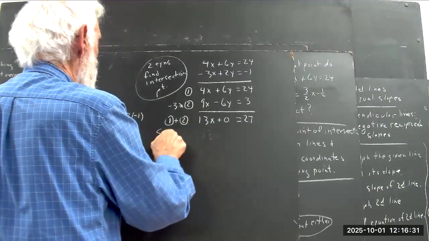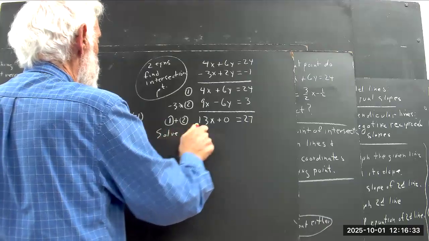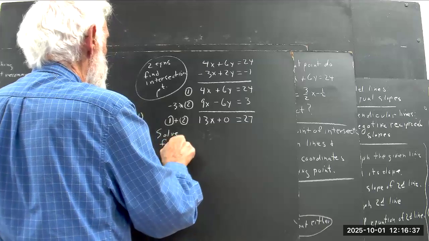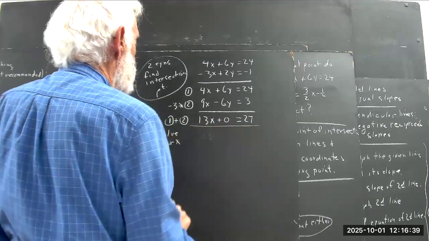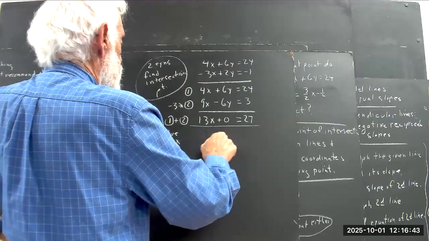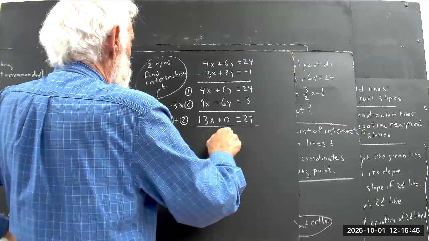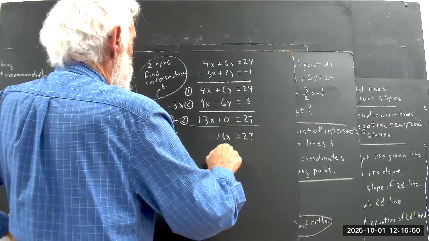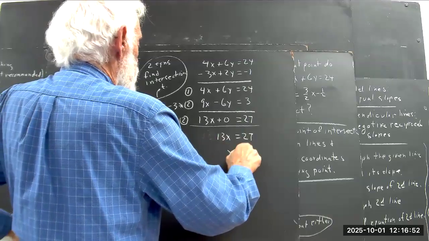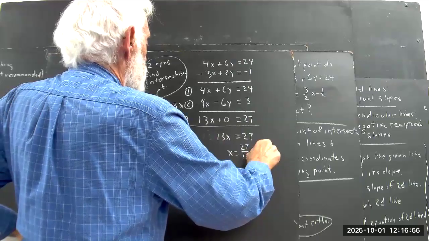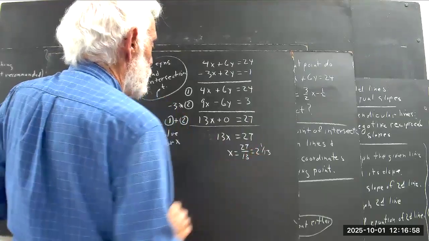Now we solve for x. Okay, so I write now 13x equals 27. So x is 27 over 13, which is 2 and 1/13.